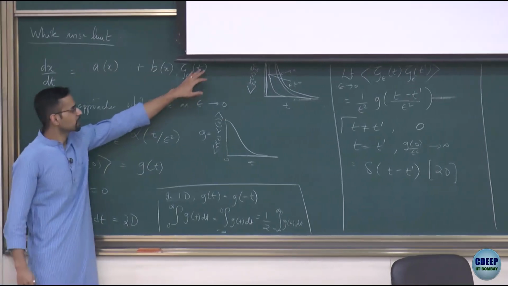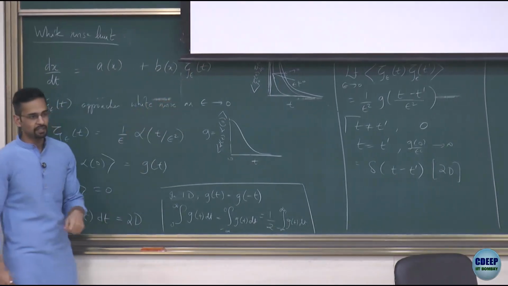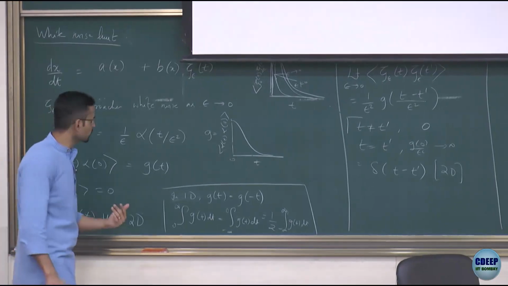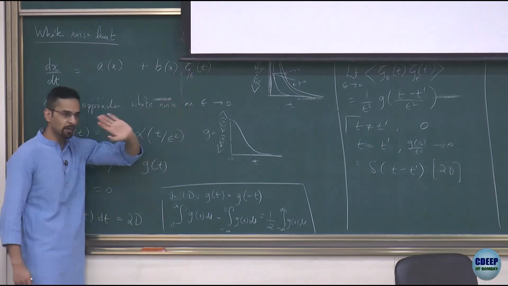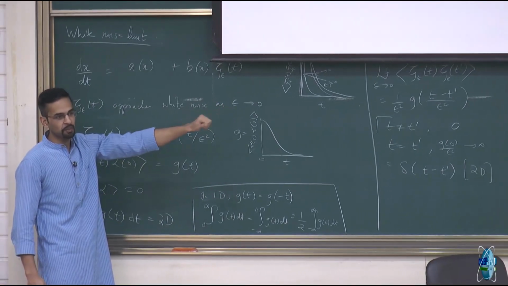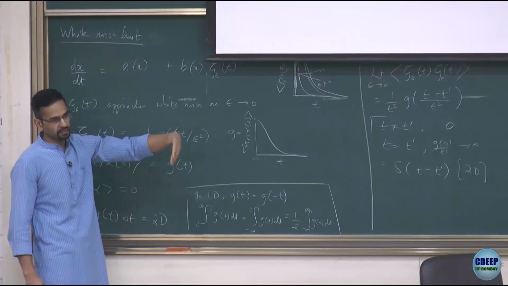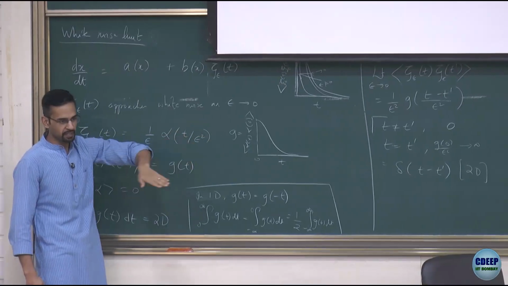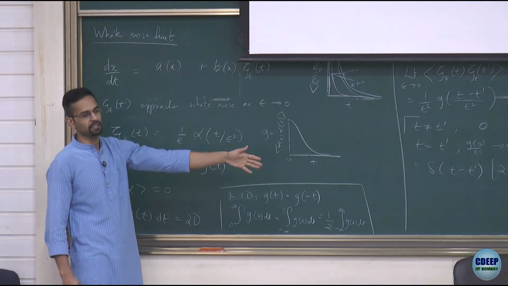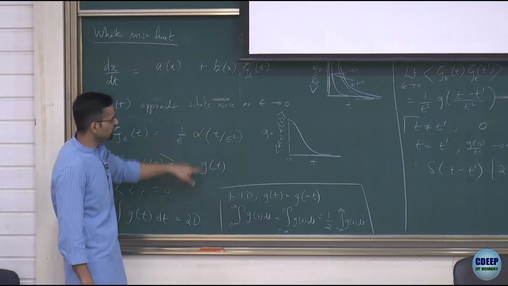Now I'm saying, I don't want to really specify the correlated details of that process. I don't know what they are. I want to get the simplified version where all I'm going to say is those fluctuations are much, much faster. But I approach that limit in a way that at all times I'm finite, and then I take the limit, because in reality it really has some correlation time, it's just that it is small. So that's what we are doing here.